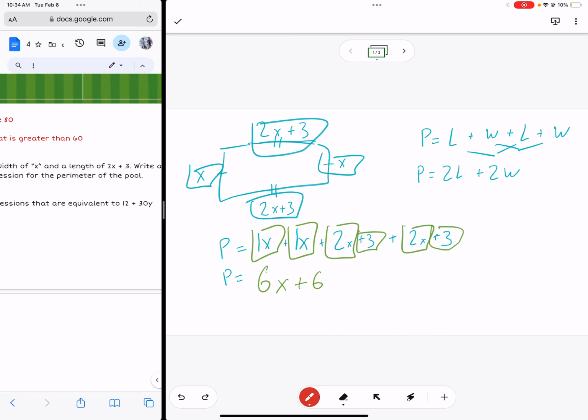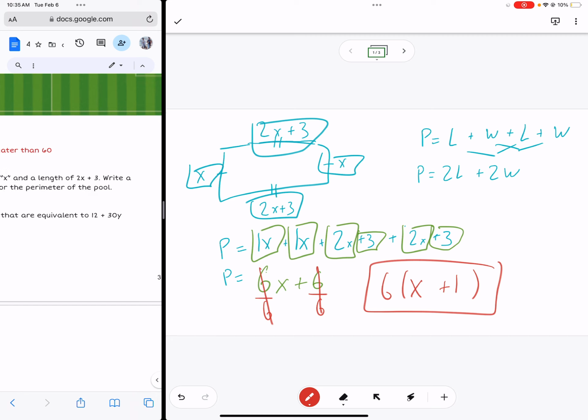Again, factoring, is it multiplying or dividing? Dividing, yes. So I'm going to divide both of these terms by 6. 3 would work, but you want to go with the highest common factor. So if I divide by 6, it's going to equal 6 times the quantity of what goes inside my parentheses: x plus 1. And this would be your factored answer.